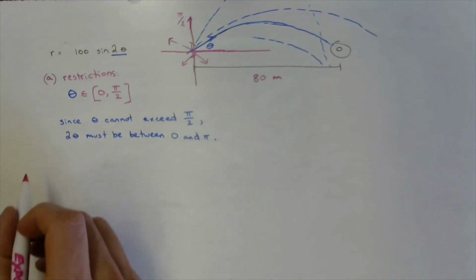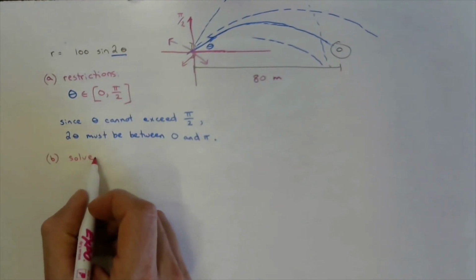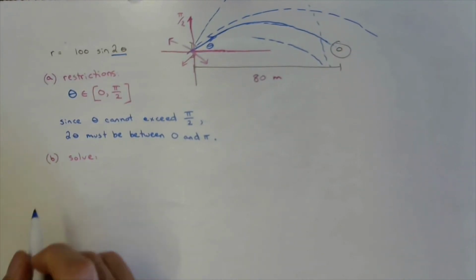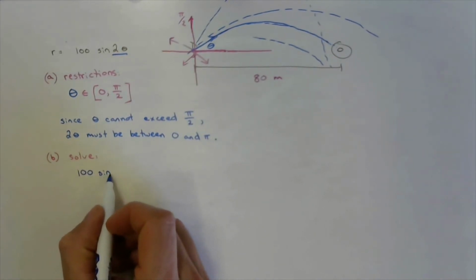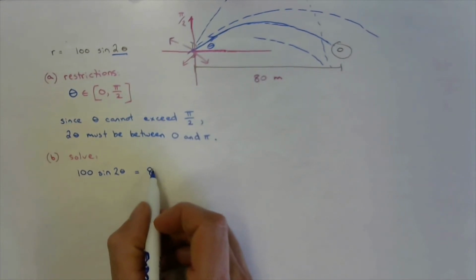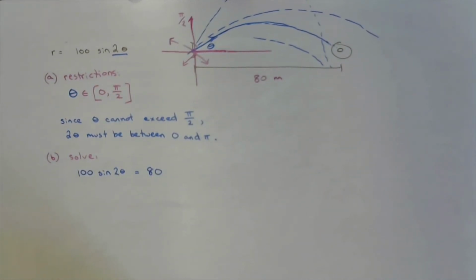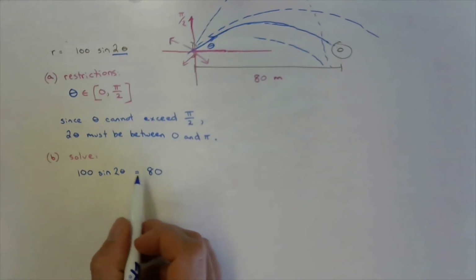Let's move on to solving. All right, we have 100 times the sine of 2 times theta, and the desired range is 80 meters. You could still be off left to right, but as long as you get the right trajectory, at least you've got a chance. So from here, we just solve like we would any other problem.